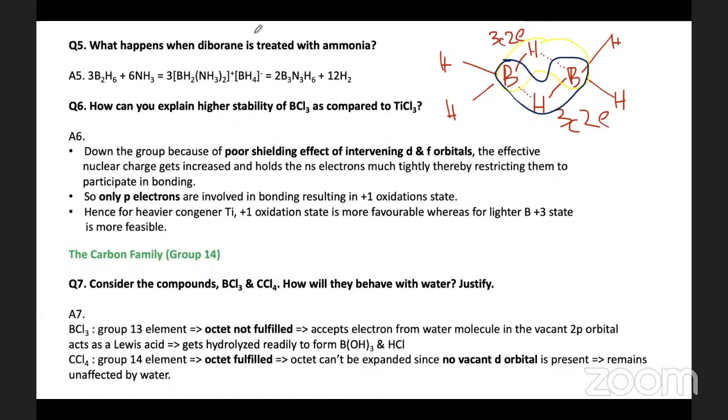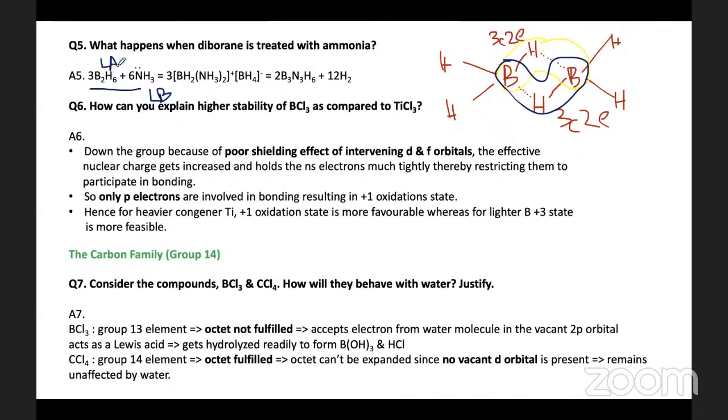So whenever B2H6 is treated with ammonia, what happens? First of all, an acid-base adduct forms. All boron compounds are Lewis acidic in nature, and ammonia has 1 lone pair of electrons. So ammonia is the Lewis base, and B2H6 is the Lewis acid.